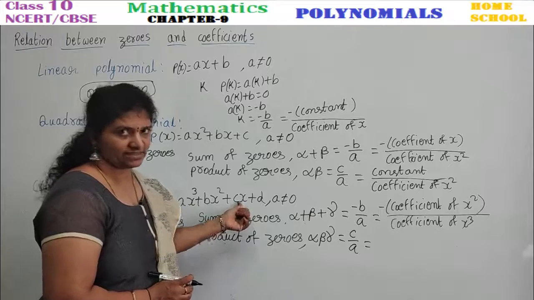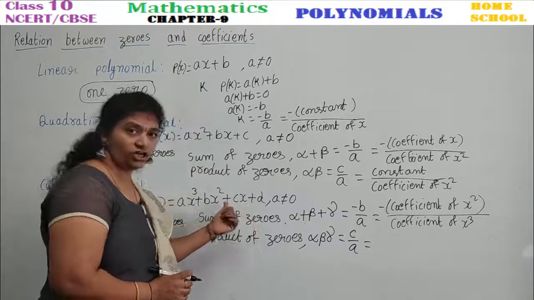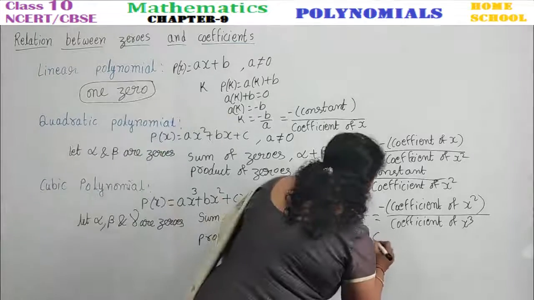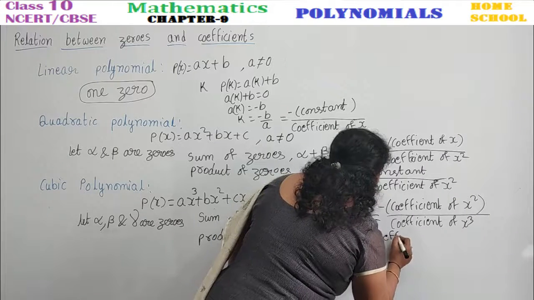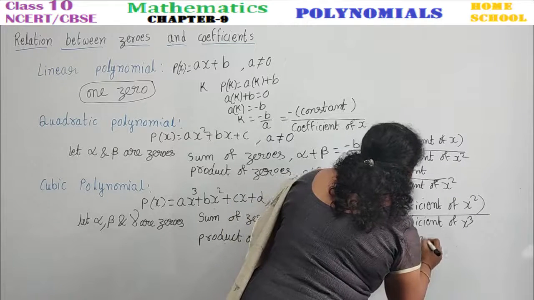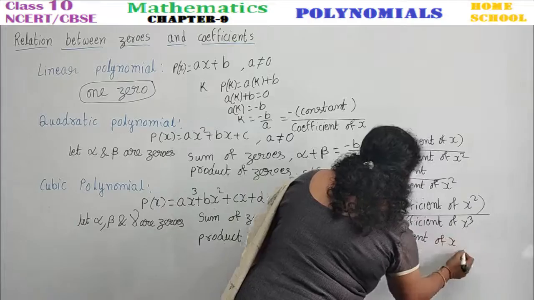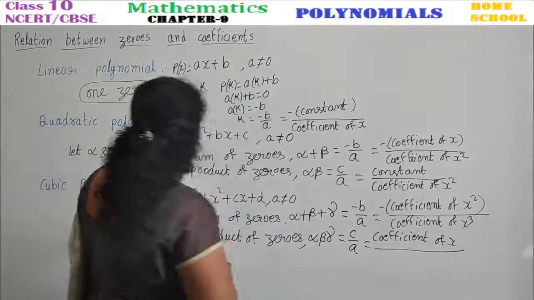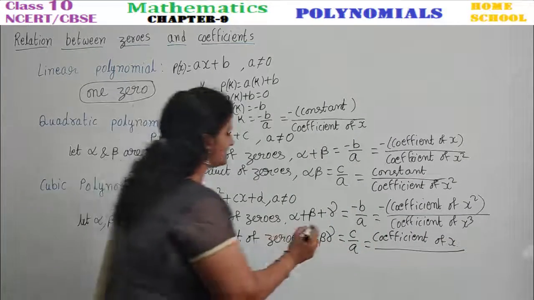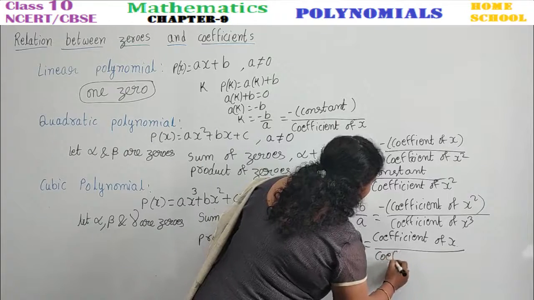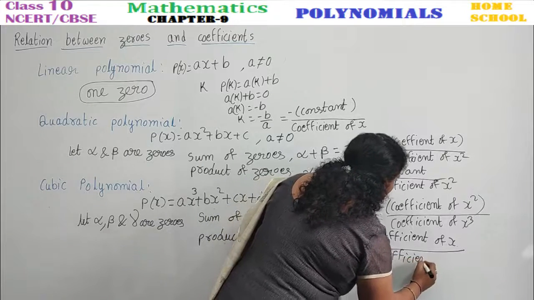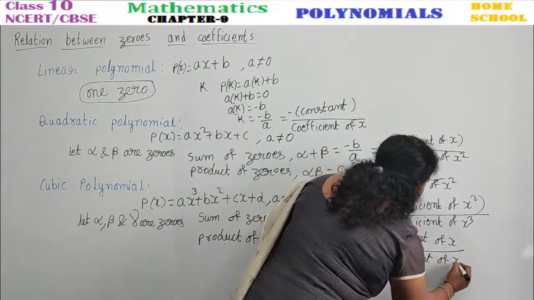C is called the coefficient of x. Coefficient of x by, where is a? Coefficient of x cube.